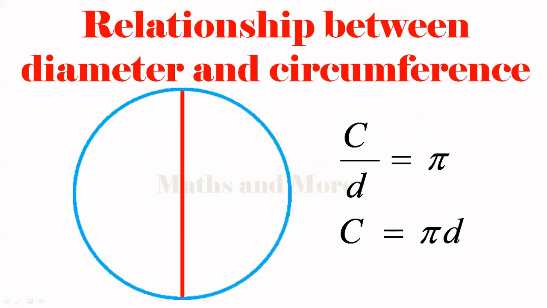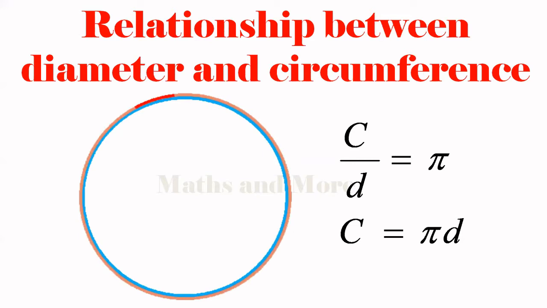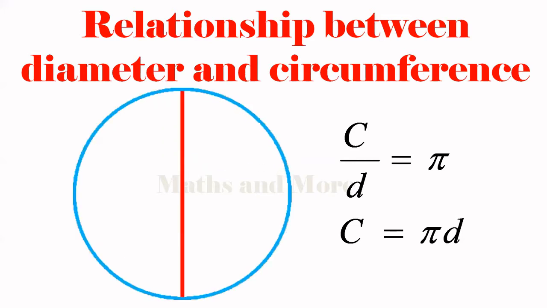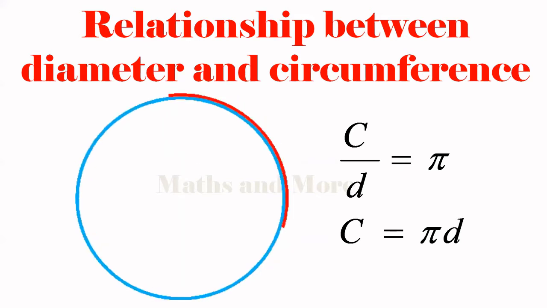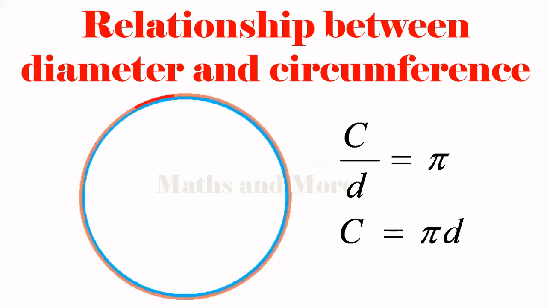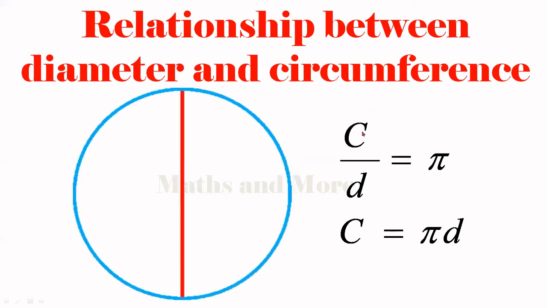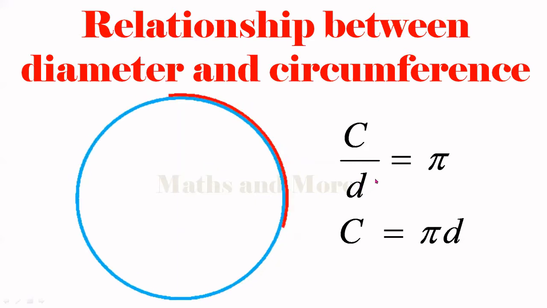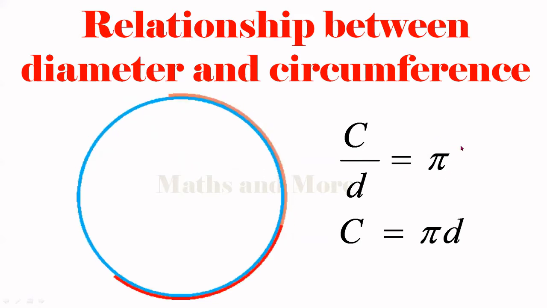Think you get the circumference of a 1 rupee coin. You measure the circumference using a thread, and you measure the diameter also. And if you divide the circumference by the diameter, then always you will get the same value.